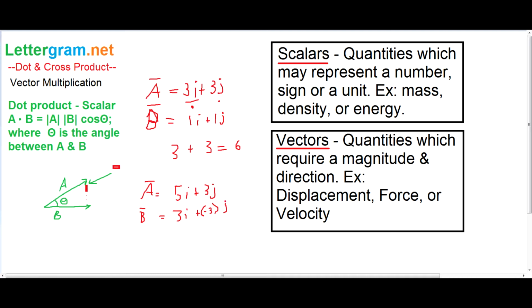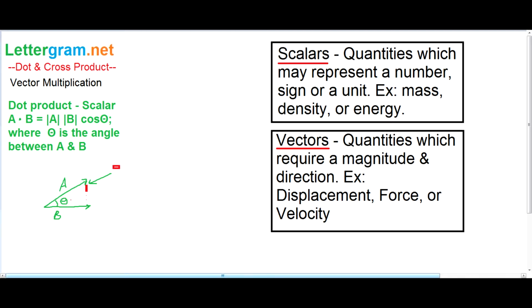We come out with entirely new values. We'll have 15i, since we have to take the dot product, or multiply this. We get 15 plus 3 times negative 3, which is equal to negative 9, and the dot product will be equal to 6.